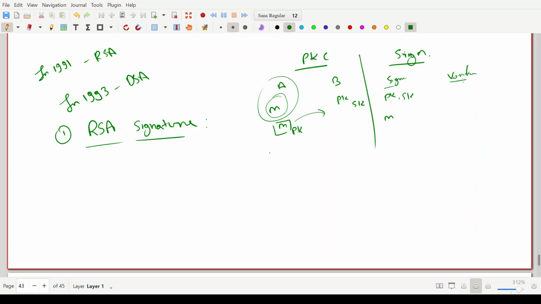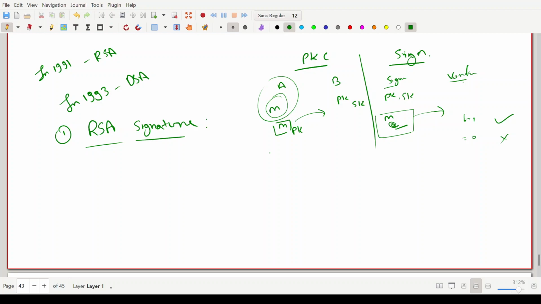He will sign this message, put his digital signature, and both will be sent to the verifier, the one who wants to verify. Suppose Bob wants to verify; with the help of the public key given by the signer, he can easily verify whether b is equal to 1 or 0. If it is 1, then it is valid, otherwise it is false.